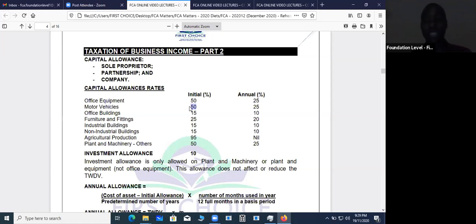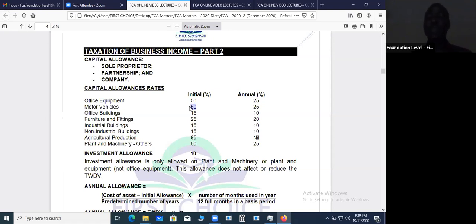I like to use this kind of example to show how initial allowance works. Okay, now let's say you register for the exam, or you register as an ICAN student, and the very day they give you your ICAN student number, you are liable to pay the subscription for that year. Whether you receive your student membership on December 1, January 1, or June 1, you pay the same 6,000 naira for that year, first year.